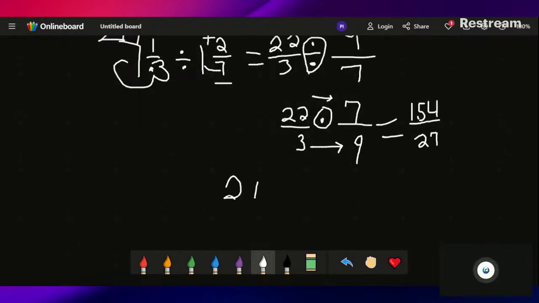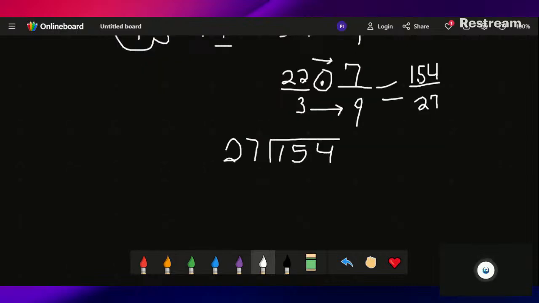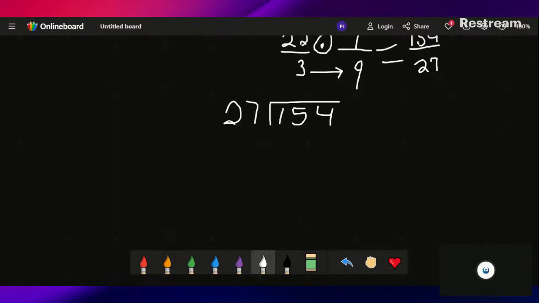We have 27 and 154. We're going to do long division. How many times does 27 go into 15? It doesn't fit inside of 15. So we want to look and see if we can just fit it into the whole number itself, 154. Let's just fit the whole thing in there.